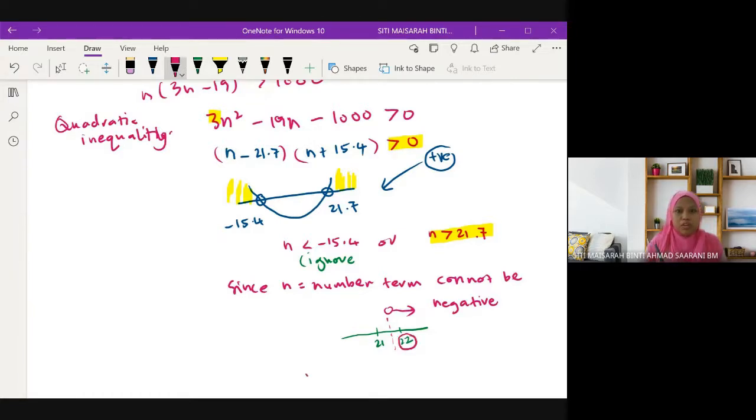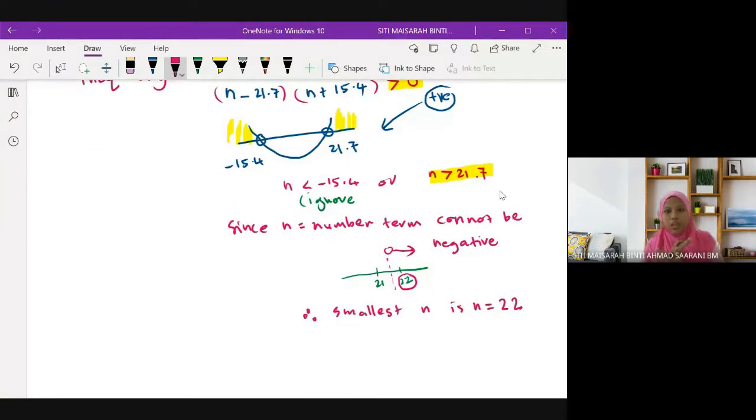So jadi therefore the smallest n is n equals to 22. Cara nak teka dia kena based on dia punya inequality sign jugalah. Kalau let's say n is less than 21.7, dia akan jadi 21 lah. N equals to 21. Kita tengok dia punya inequality tu juga. So jadi smallest value of n dia adalah n equals to 22.